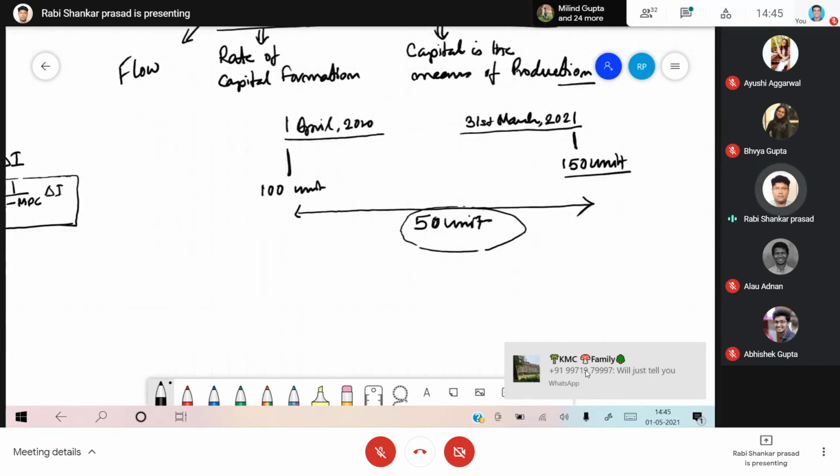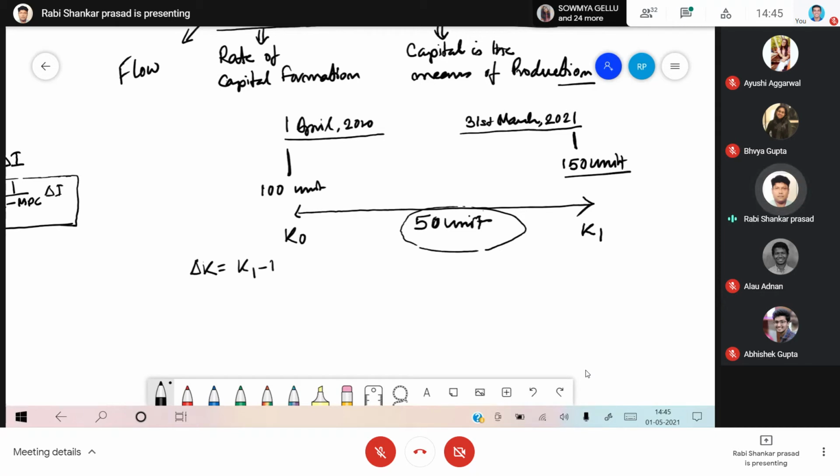Suppose on 1st of April, your total capital was K naught. On 31st March, your capital stock is K1. So you can say that between these two periods, within 1 year, your change in capital, delta K, equals K1 minus K naught. So how much change is known as the investment during a given period.